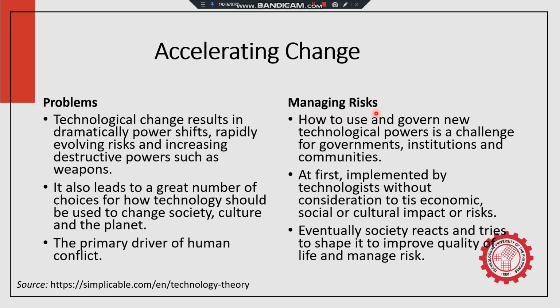For managing risk brought by accelerating change, how to use and govern new technological powers is a challenge for governments, institutions, and communities. Even in our school, where we conduct online classes, we were actually forced to adopt online classes.